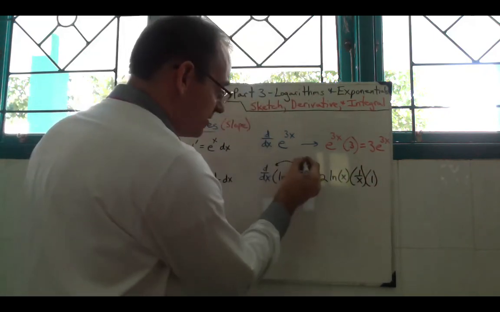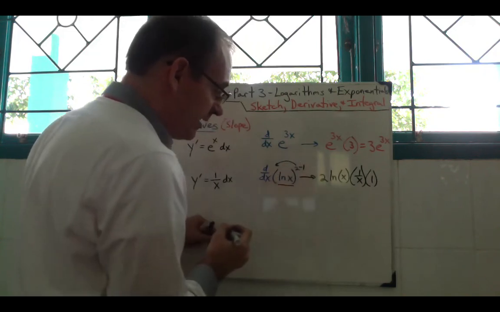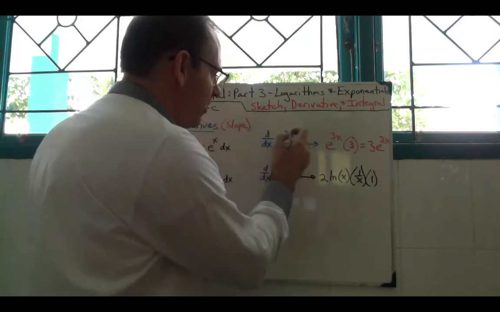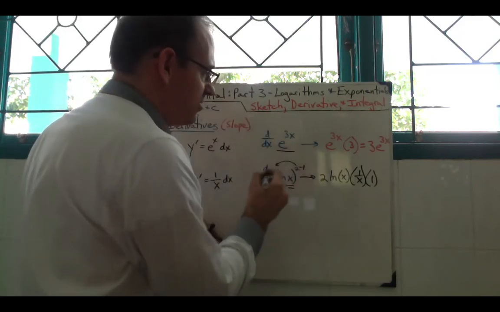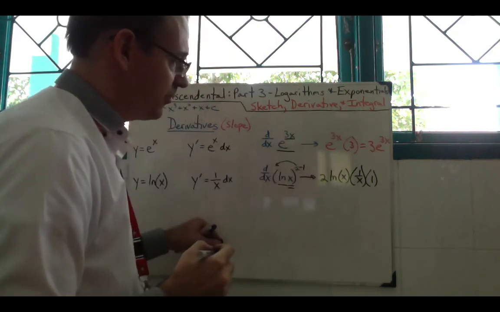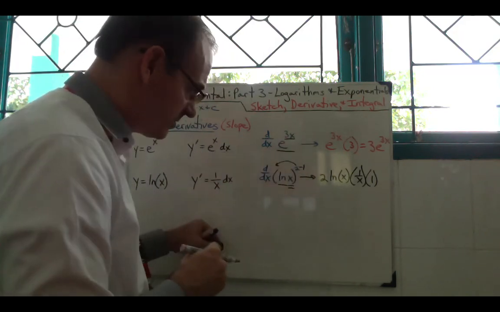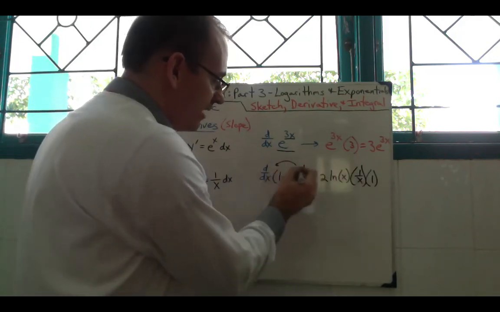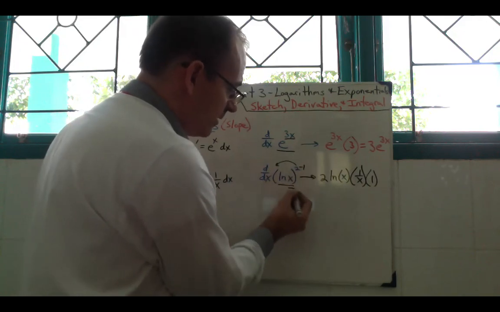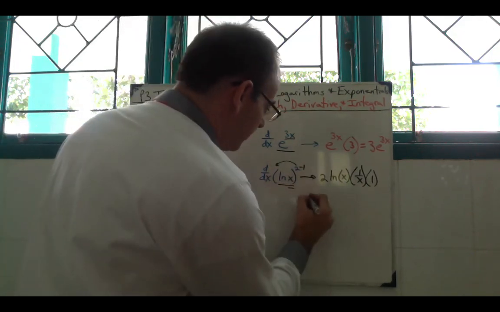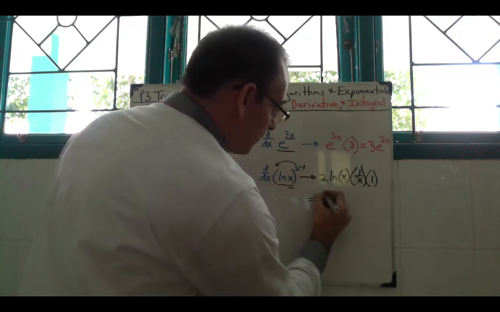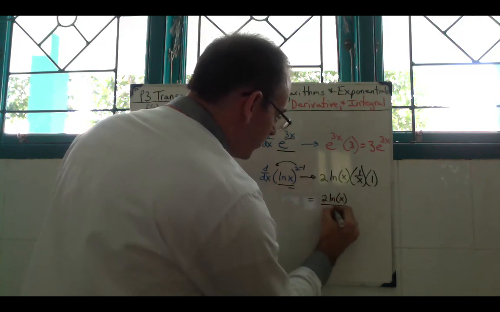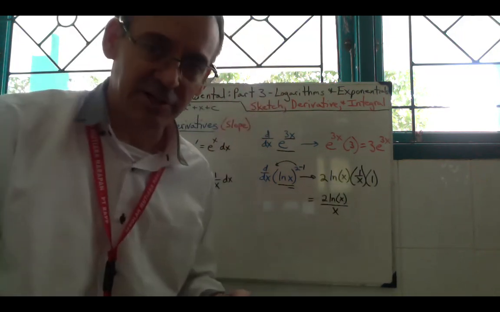Okay, so first we did the exponent, second we do the function, third we do the argument. So up here, first you do the exponential, and then you do the exponent itself. That's the dx part. So this one, because it has this outer exponent, we had 3 parts: exponent first, function second, argument last. So this gives us an answer of 2 ln x over x for that particular part.